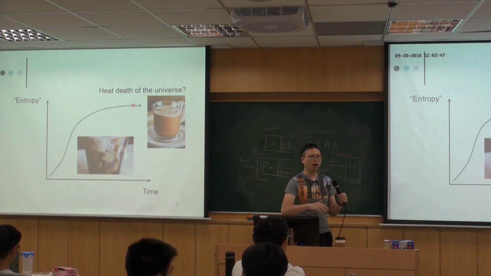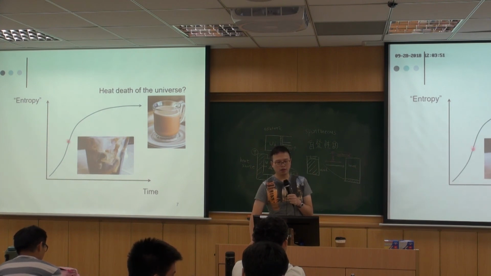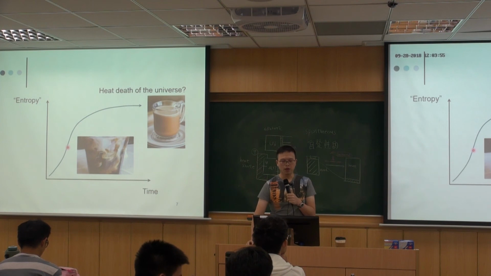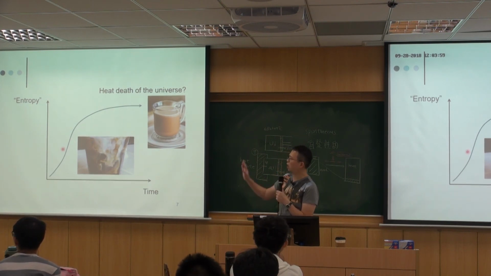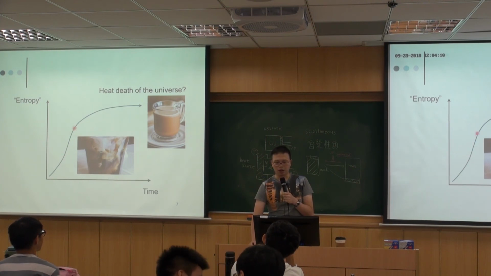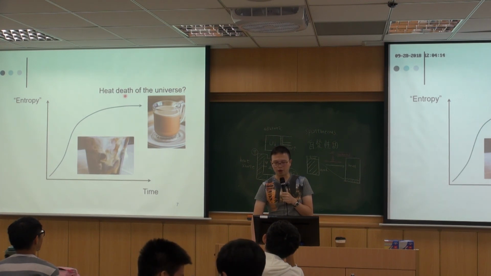But if you are right now at this time, and someone somehow reversed the time, then you will start to see something weird happening. But that's not going to happen if you're in this spot. So that's the reason why we know that our universe is probably still here.